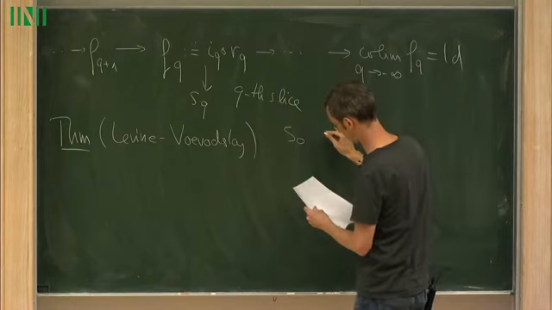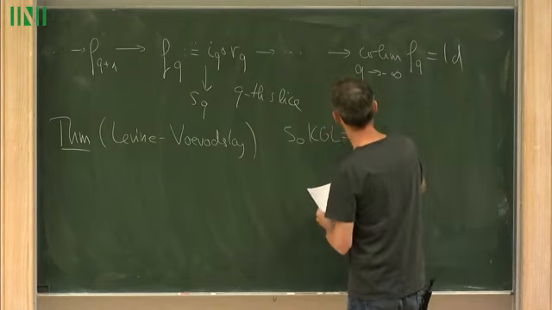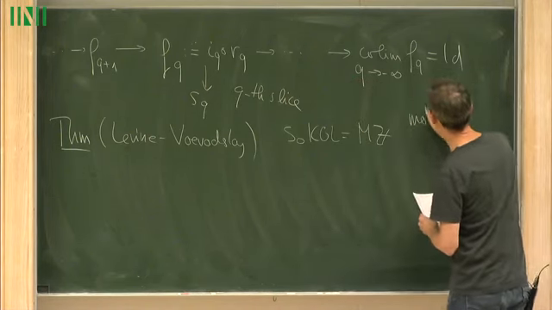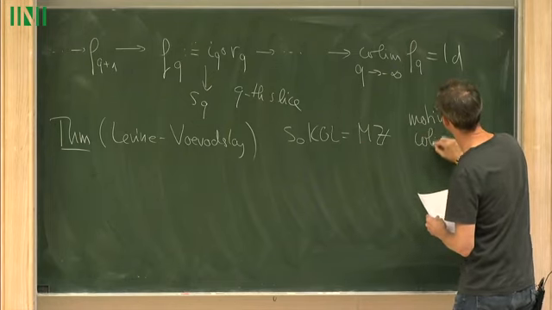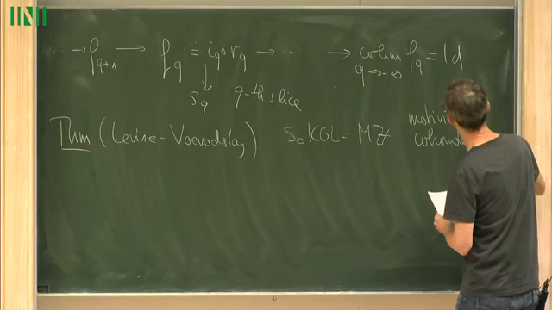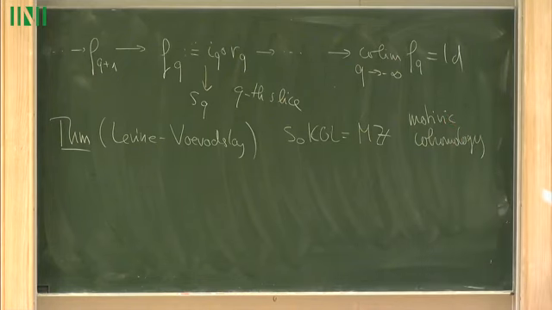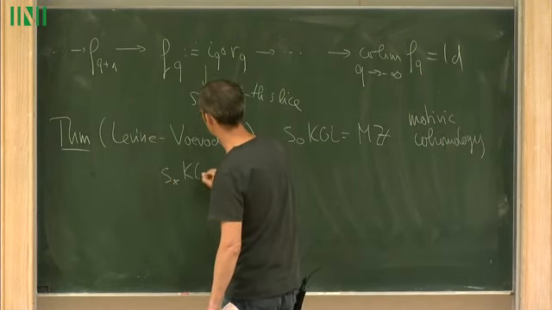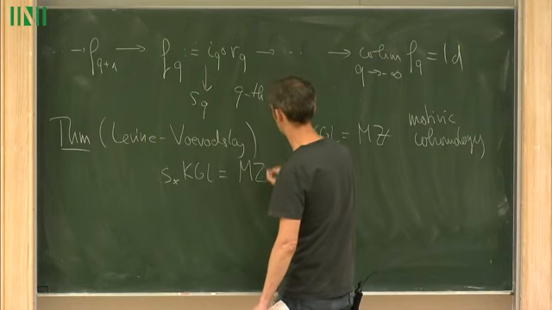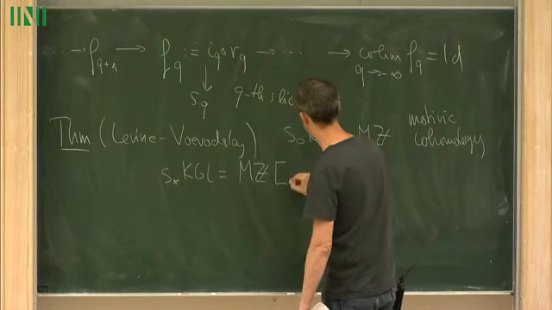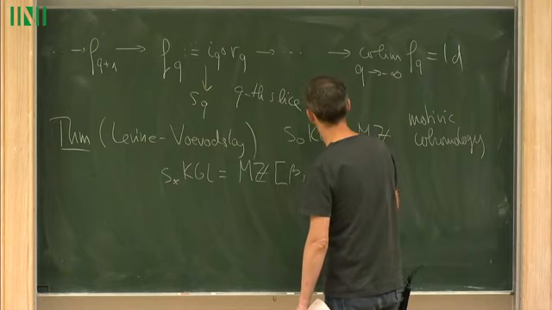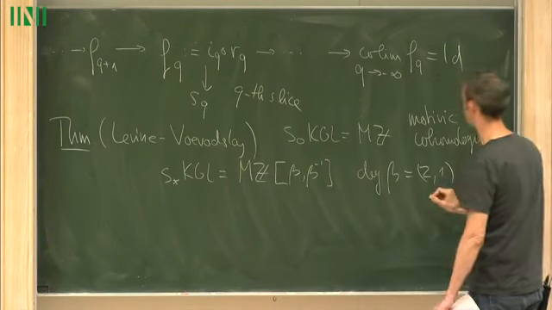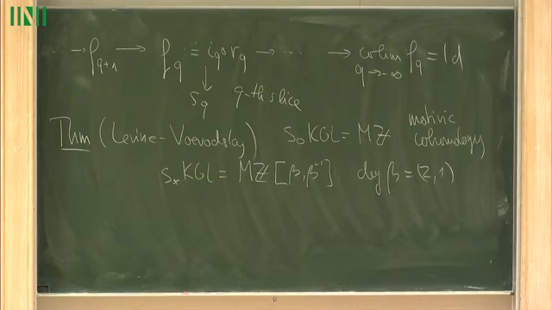So the zero slice of KGL is the Eilenberg-MacLane spectrum representing motivic cohomology on smooth schemes over F. And in fact, the whole graded slice of KGL you can think of as a polynomial ring in the Bott element where the degree is 2, 1.